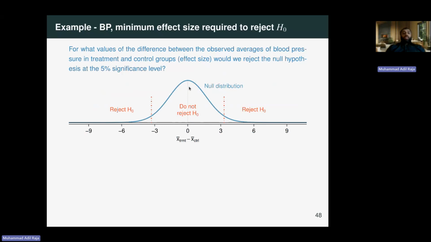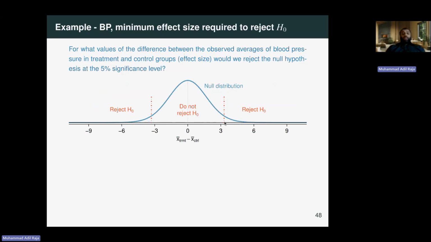Okay, so if it is beyond this point, we reject H0, which means that if it is above 3 point something, then we reject H0, and if it is less than minus 3 point something, then we reject H0. This value and this value are equal.